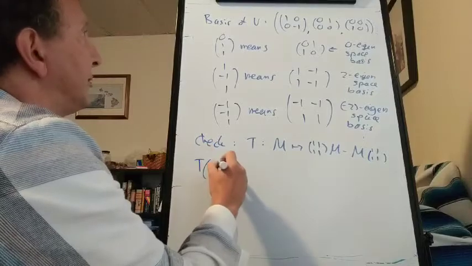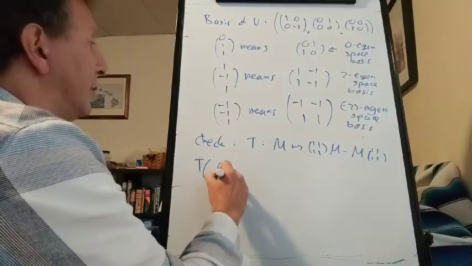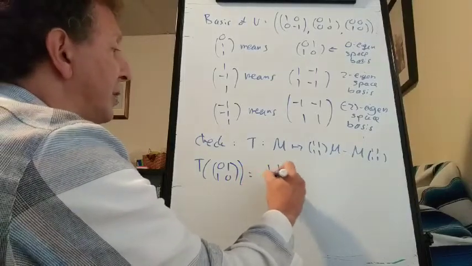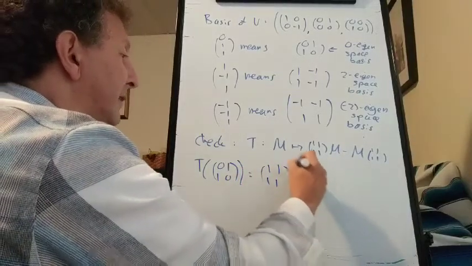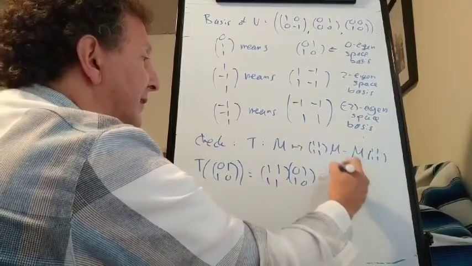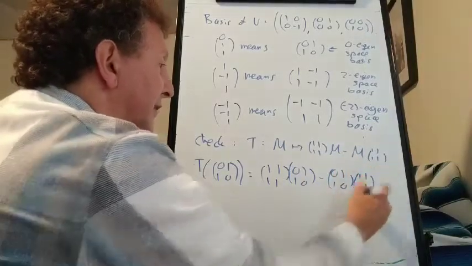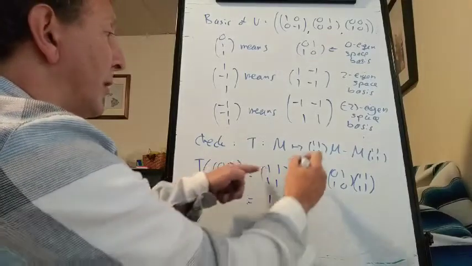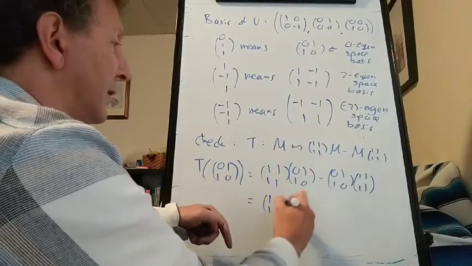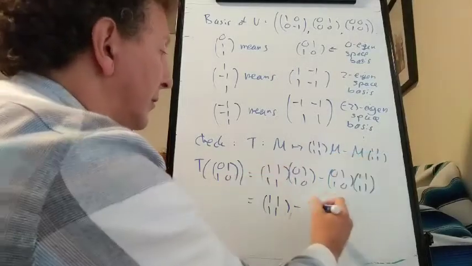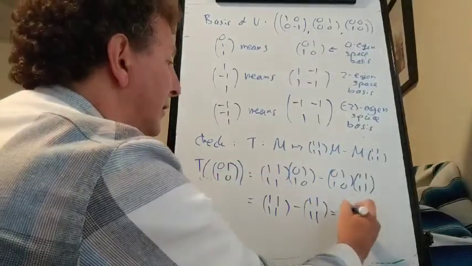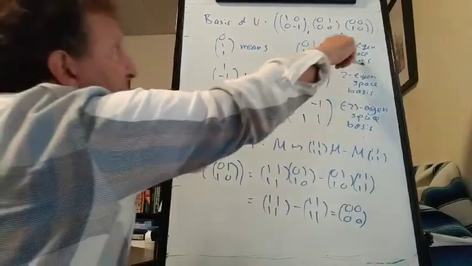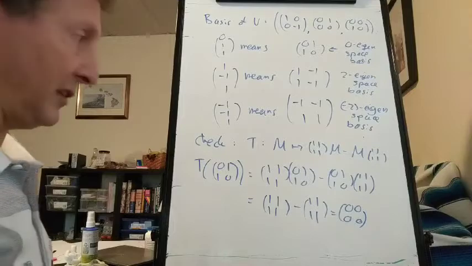So T of 0, 1, 1, 0 is the all ones matrix times that minus that times the all ones matrix. So if we multiply out, we get 1, 1, 1, 1 minus 1, 1, 1, 1, which is the 0 matrix, which is good because we expected to get 0 times this matrix when we applied T to it.